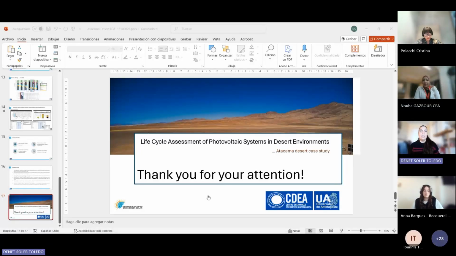Cyclodata has the objective to collect data from all the country and make all this data available for LCA analysis. And my work is part of these objectives, to give this data for public use.